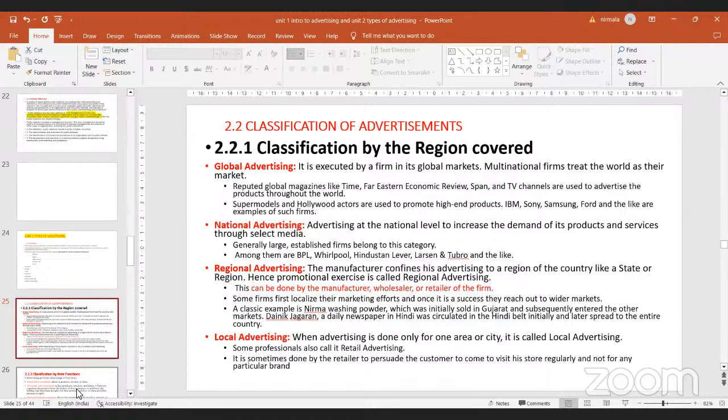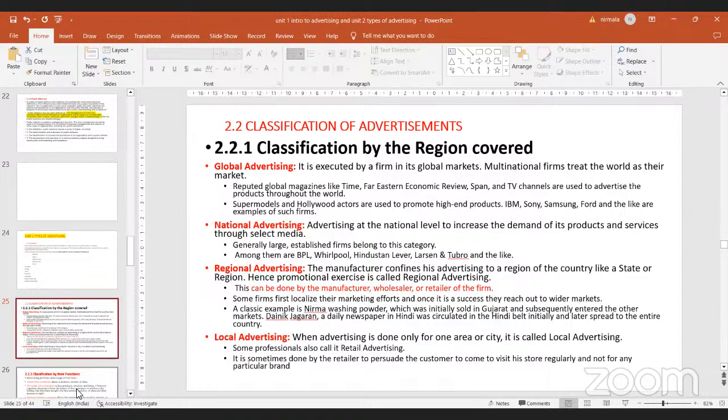But when you want to go for national, maybe global advertising, the saris people might not wear in other countries. So you can confine based on the kind of products you are offering to your consumers, whether you have consumers at regional level, local level, or maybe global level. Based on that, you have to go for advertising.